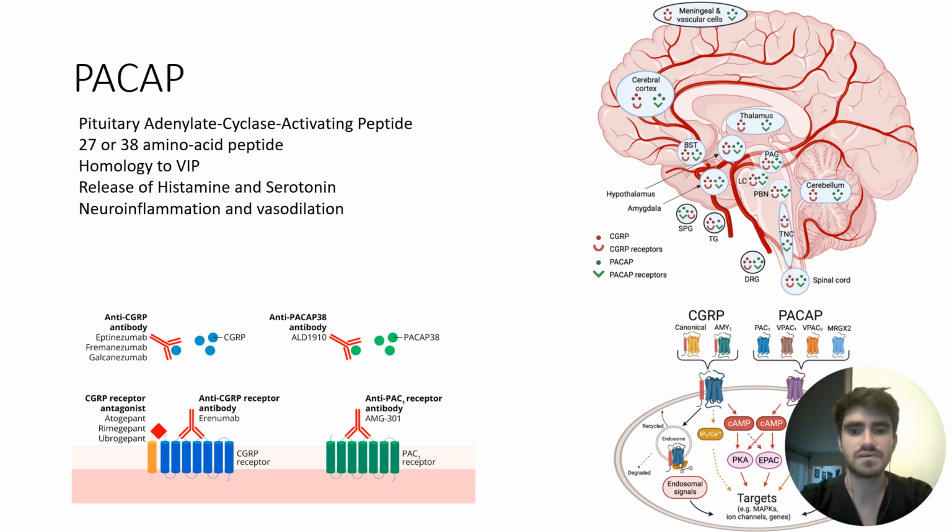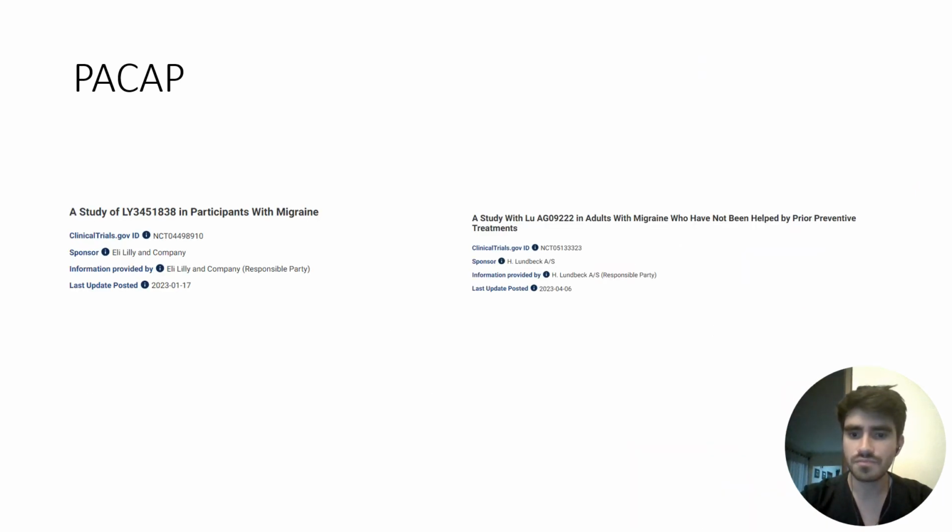And this is interesting because the CGRP and the PACAP share many similar intracellular pathways, and the places where we can see more expression and receptors of the CGRP are the places where we also see the PACAP activity. Now, there are two promising RCTs coming up, and the results that we will see in these two studies will determine whether or not we can use this medication in the future.